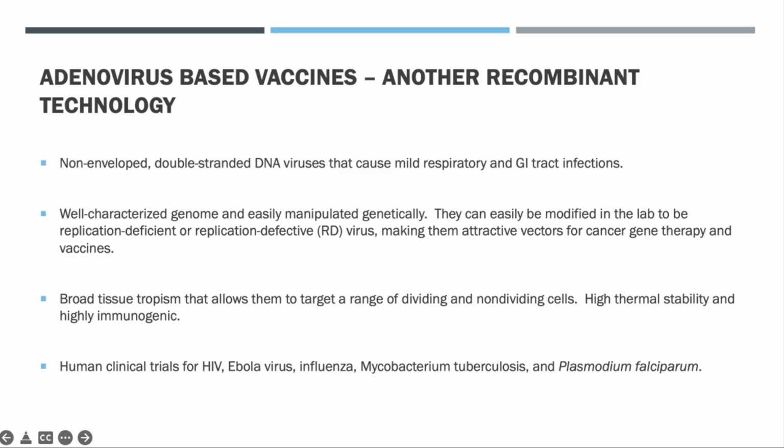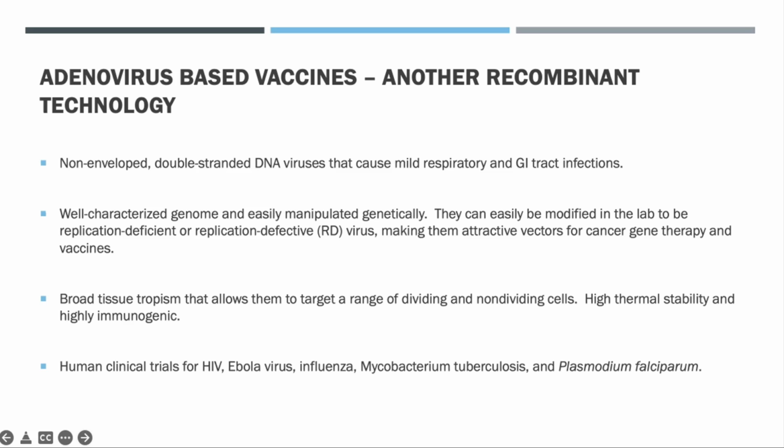What drew our attention to the use of these viruses as a method for vaccination is that they have a very well-characterized genome. They're easily manipulated, and they can be modified in the lab to be what they call replication-defective viruses, unable to replicate once they're introduced into a host. That's made them very attractive for vaccines and cancer gene therapy as well.